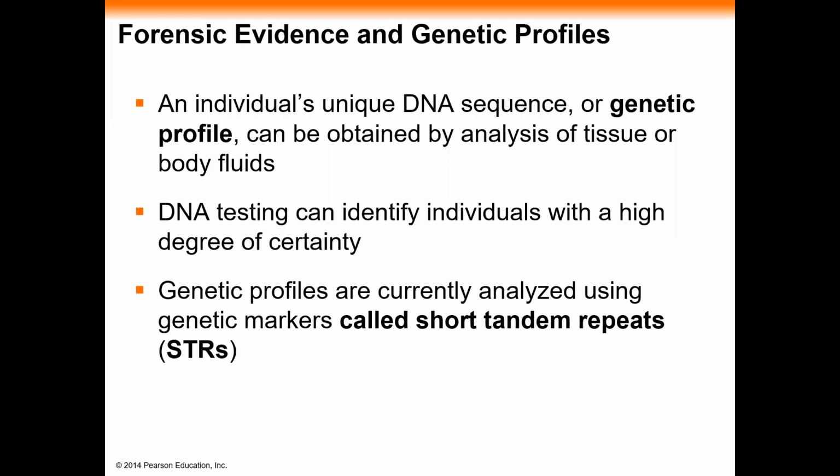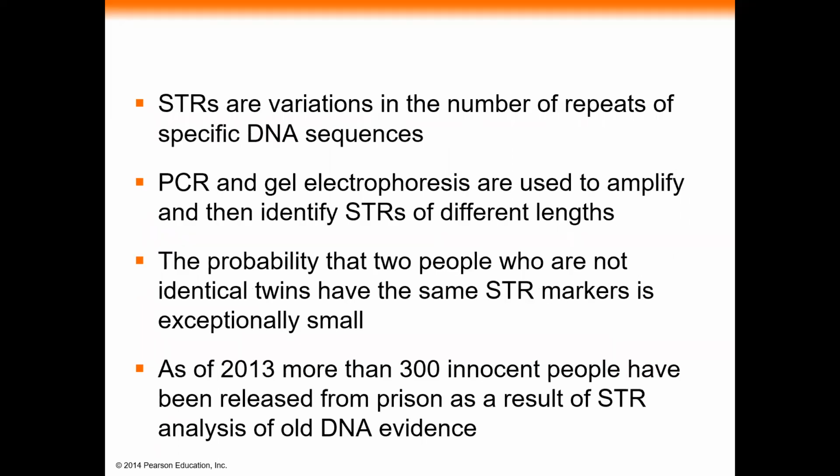Short tandem repeats, though, tend to be more unique to the individual. And so the probability that two people who aren't related have the same short tandem repeat sequence is almost impossible. Okay, so the short tandem repeats here, again, these are just variations in the number of repeats in specific DNA sequences.